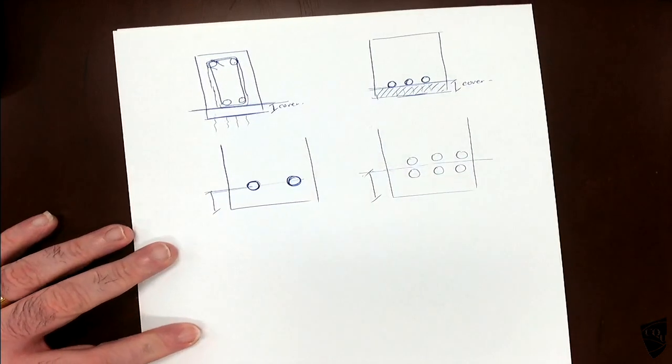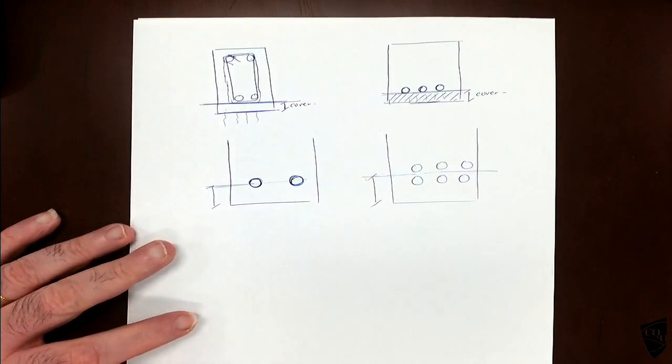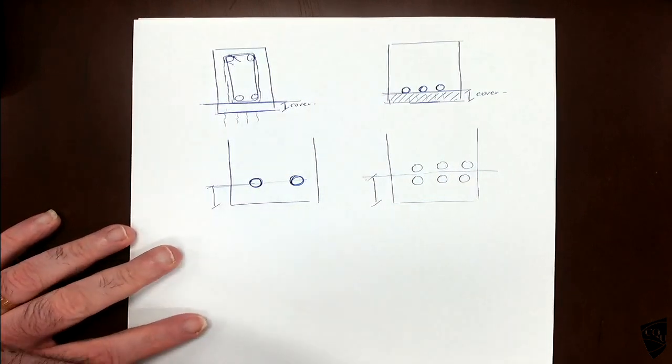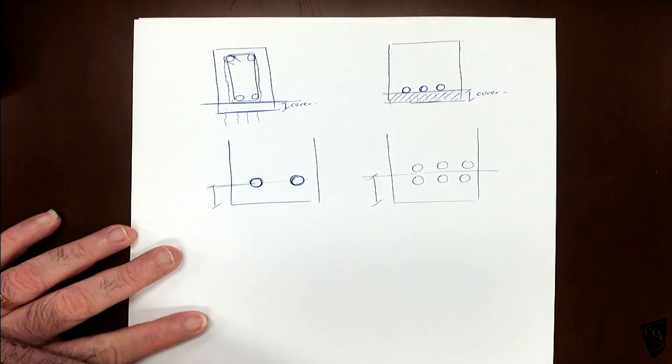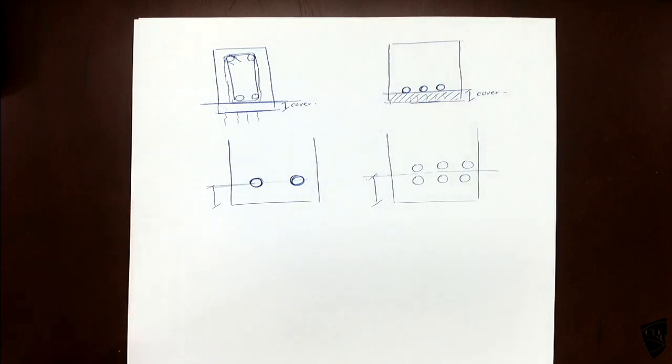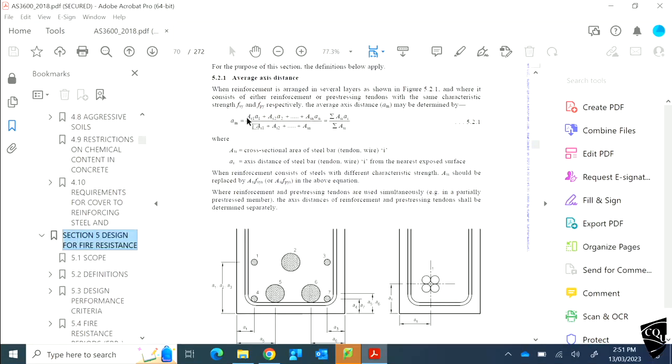Okay, so these are the axial distances. It's not very complicated. The standard covers every different possibility, so sometimes they give a complicated equation. So this is the axial distance.